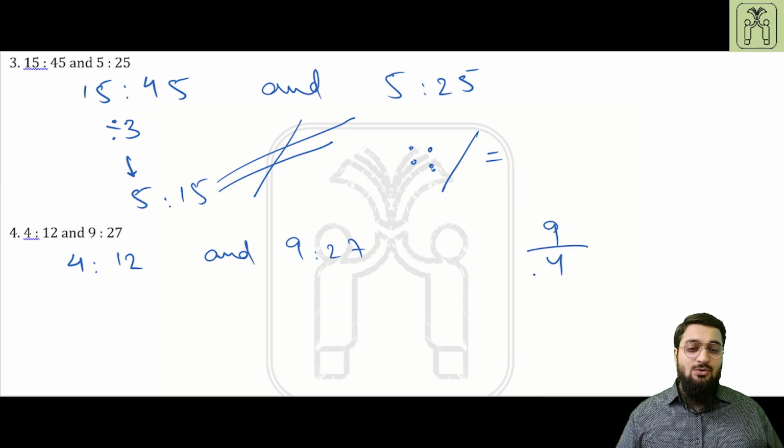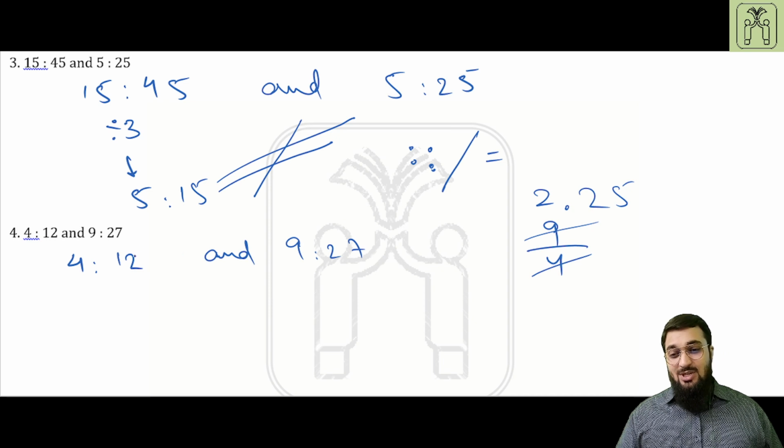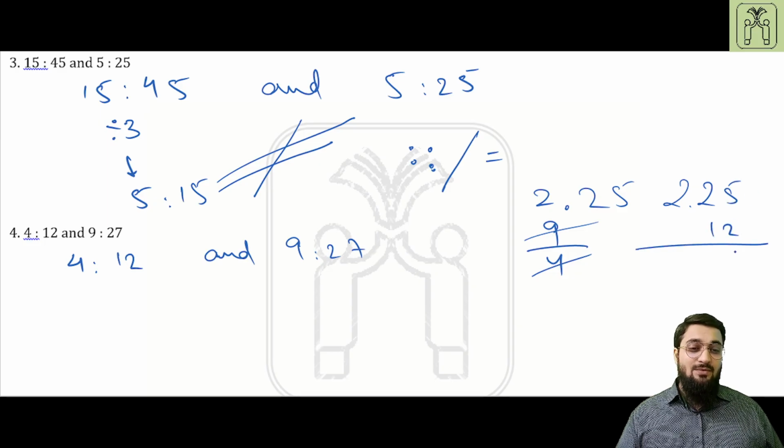9 upon 4, so it will go by 4 two times, then a decimal 0. So 10 will again become 2 times, and that will be 8, 20, and then 5. So it will be 2.25 times. So I have to multiply 4 into 2.25. And if I multiply 2.25 into 12, what will the answer be? 5 2s are 10, and it will be 1, 2 2s are 4, plus 1 is 5, and 2 2s are 4.